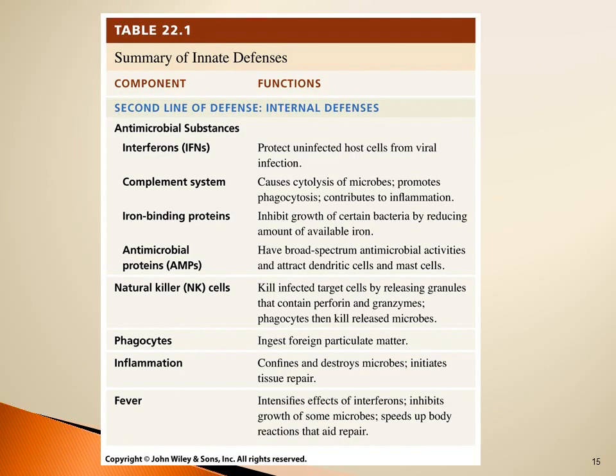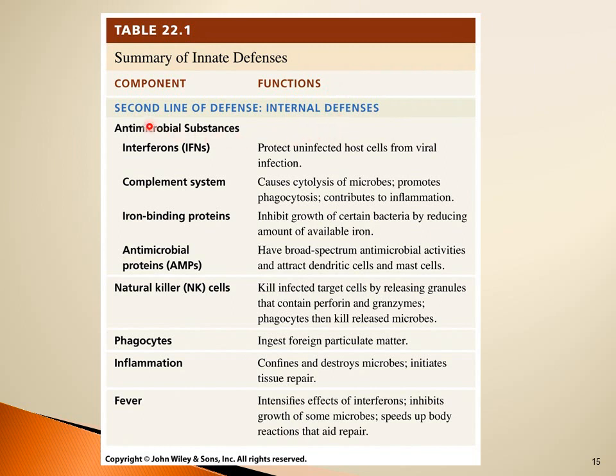And here we can see a summary of the innate defenses. We have a second line of defense, and these are the internal defenses. The first line was the physical barriers like skin and mucous membrane and their related structures.